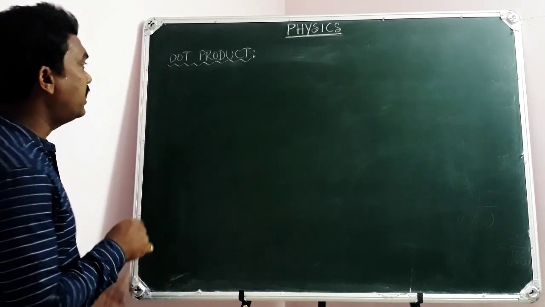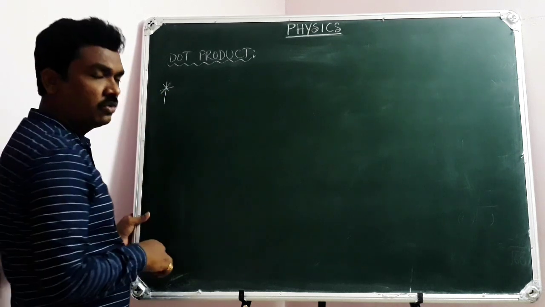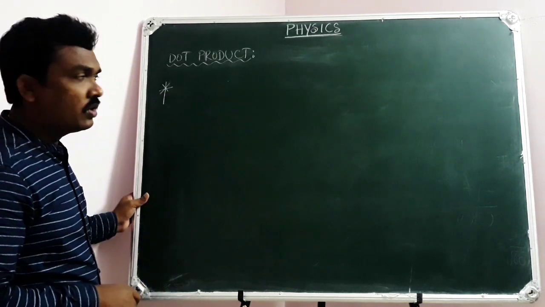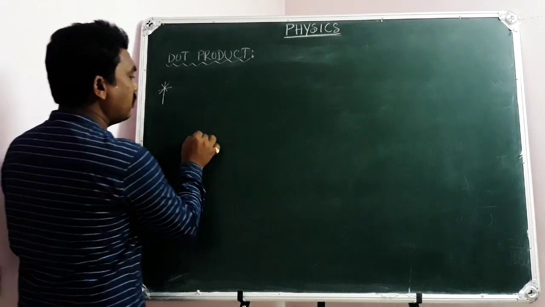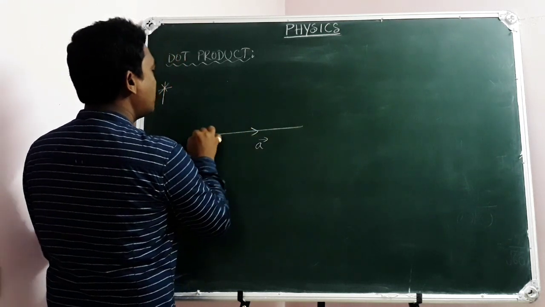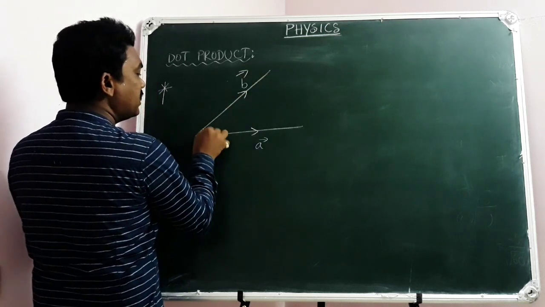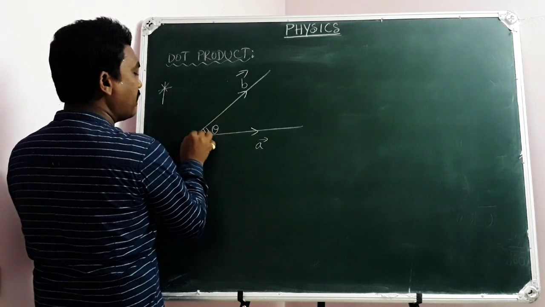Apart from this, there is a little more application connected with the dot product of two vector physical quantities. To understand this, look at this diagram. Here this is A bar and here it is B bar. Let us suppose theta is the angle between A bar and B bar.